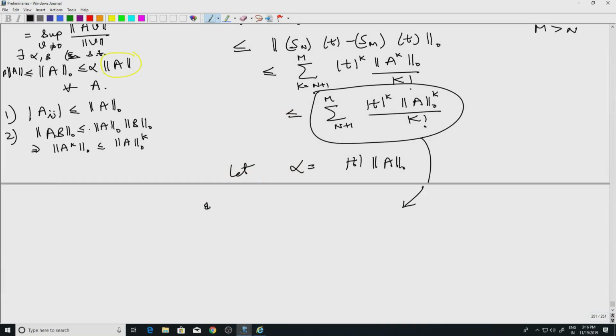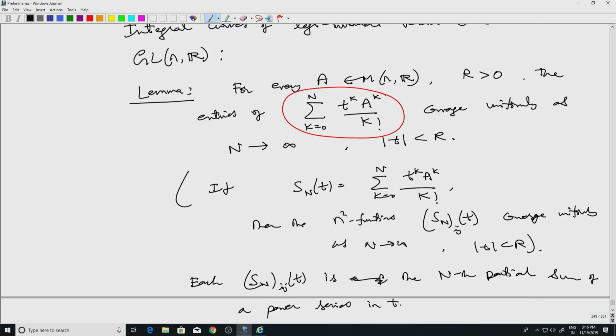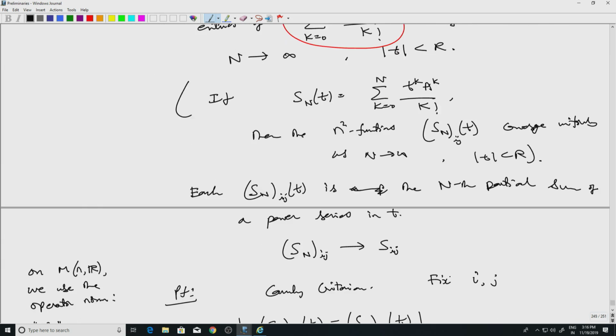So I'll start by completing the calculation that I was doing last time. I wanted to describe integral curves of left invariant vector fields in GL(n, R), and for that I need the notion of the exponential of a matrix.